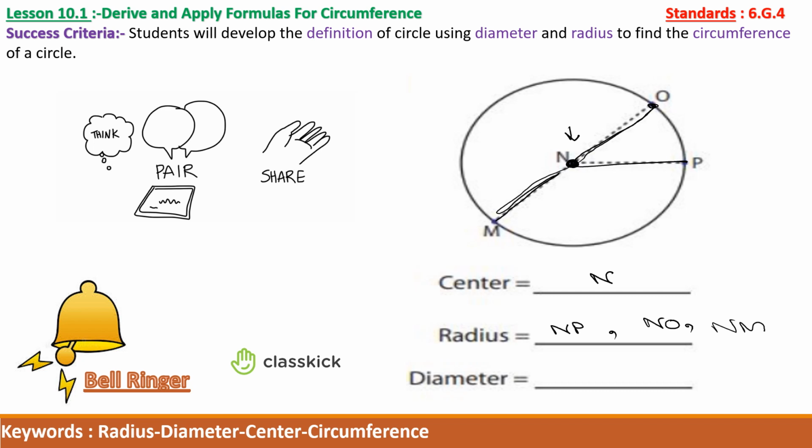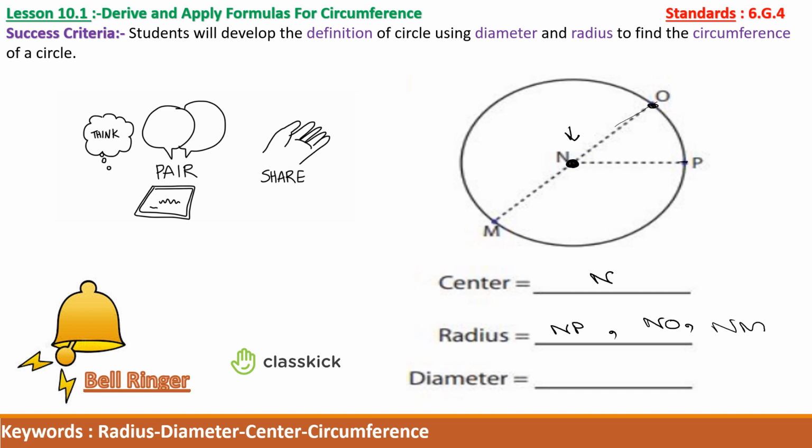So any point on the circle joined with the center is said to be a radius. Now what is the diameter? The diameter joins one point on the circle with the other point on the circle, but the main thing is that it passes through the center.